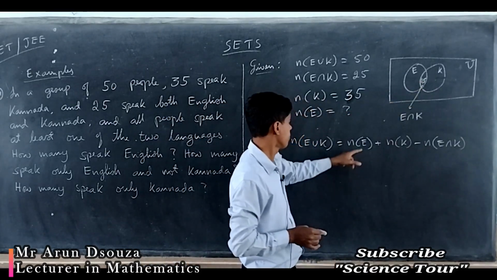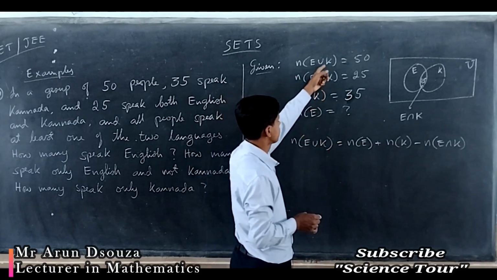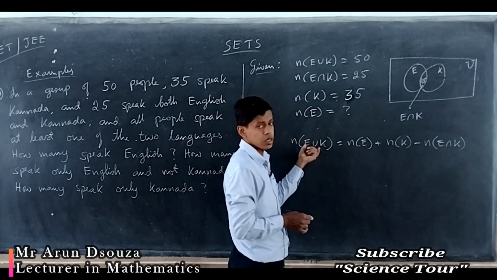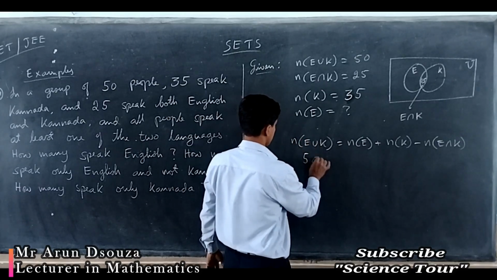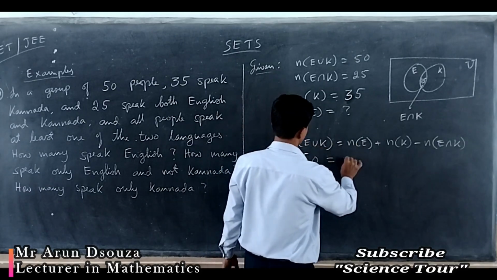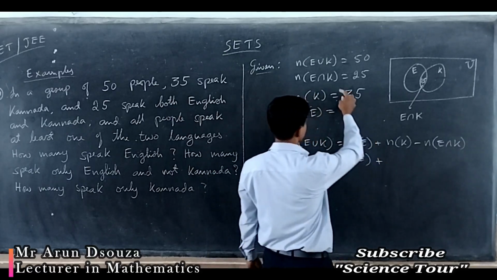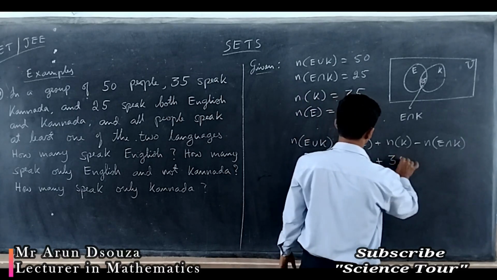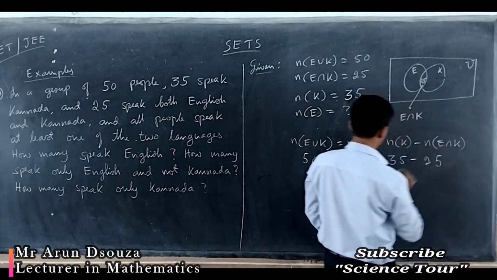Okay, well, now you have the formula already written here. Universal is given, which is union, and universal is the same here. Now what is N of E? We do not know, we have to find it, correct? And N of K is 35 and the intersection is 25.